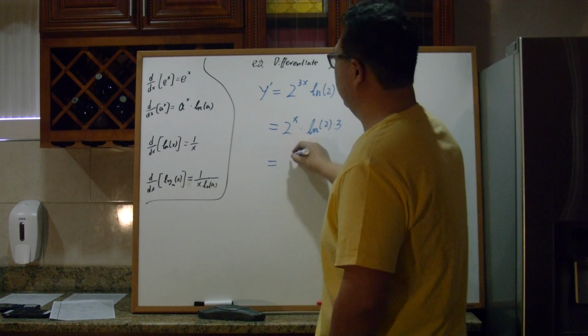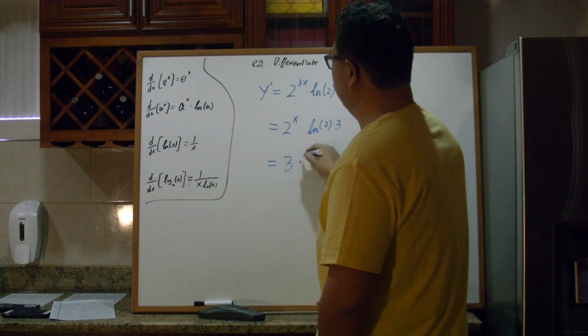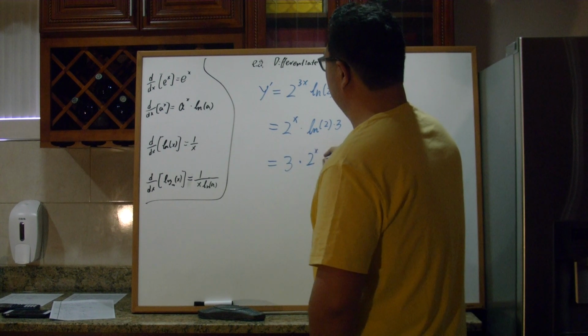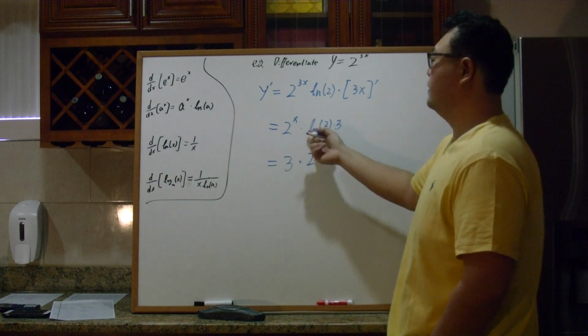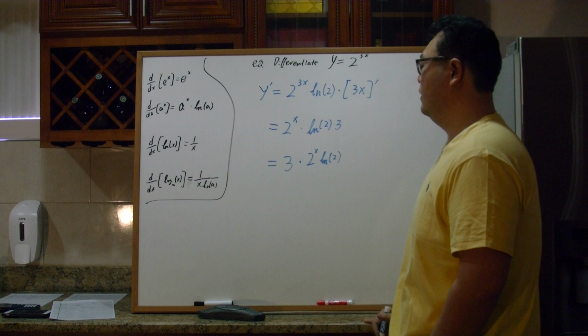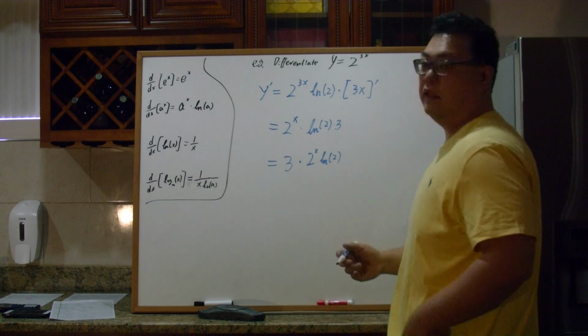Usually we write the coefficient in front, 3 times 2 to the x, ln 2. Or if you keep that 2 to the x times ln 2 times 3, that's fine. But just in that way is also okay.